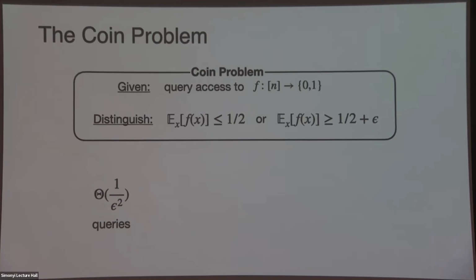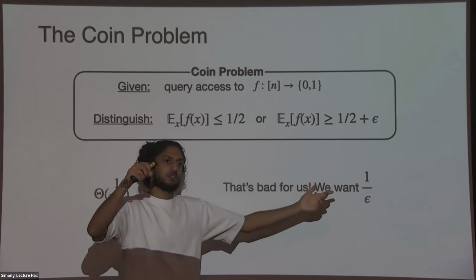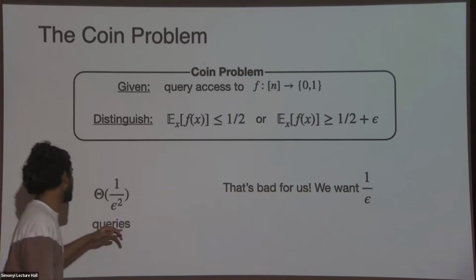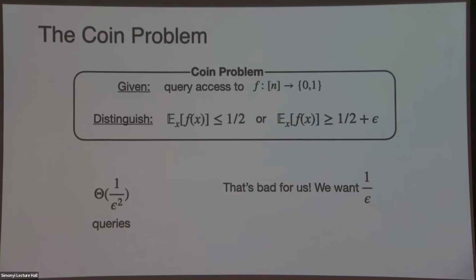And that's bad for us, because if we want to work in this 2 to the minus 0.51 n regime, we don't want to square this epsilon. Ideally, we would just want 1 over epsilon.